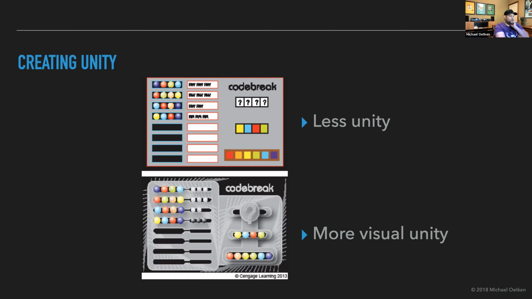Like the rounded corners, the way we connect all the different areas there. The top one, we just have one big gray background, and the second one, we have a couple of rounded corner rectangles, and on the right side, we have different ways that we connect those to create that unity. All right.